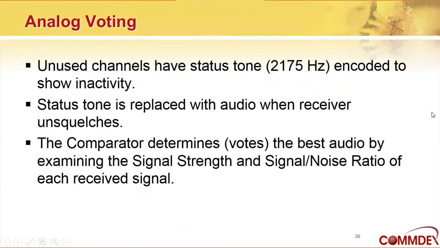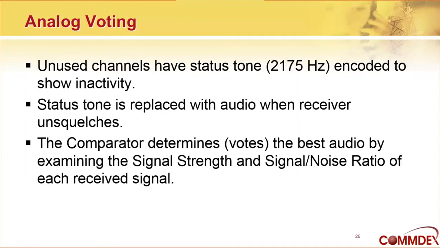Analog. So for analog voting, what we do is we have a connecting link between all the receivers and the comparator. And when there's no activity on these links, we send a status tone of 2175 hertz. The purpose of that is to determine that the channel is still available and it's not dead.